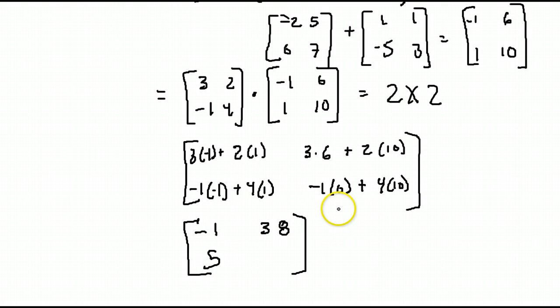And then the last element, second row, is -1 times 6 plus 4 times 10, which gives us a -34. So our answer to the multiplication of these matrices is -1 and 38 for the first row, and 5 and -34 for our second row.